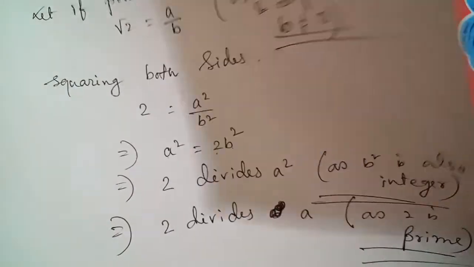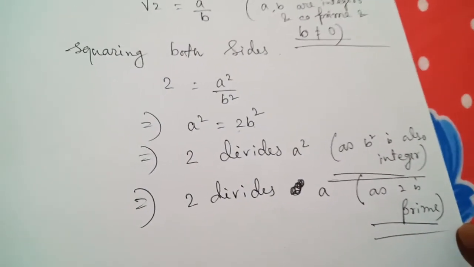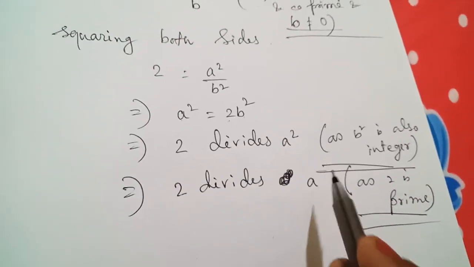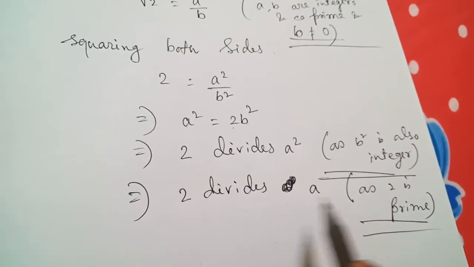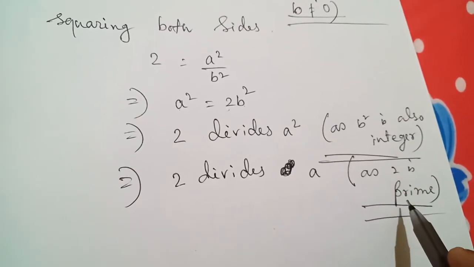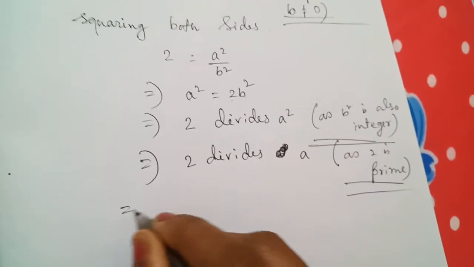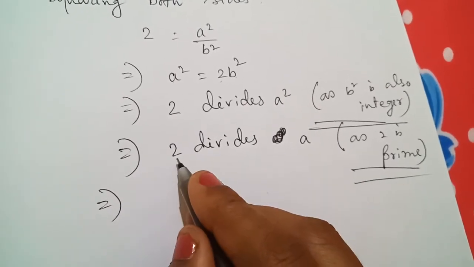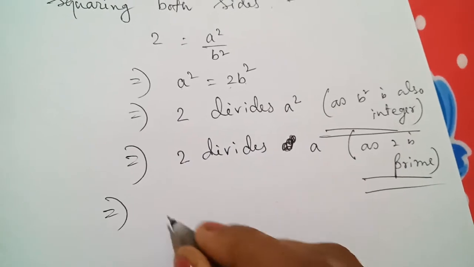If you are not writing this, I'm sure you will not get the marks. So mind it, every time you have to write the logic and then the statement. So 2 divides A square because 2 is a prime. Now 2 divides A square, that means 2 divides A, so that means 2 is a factor of A.